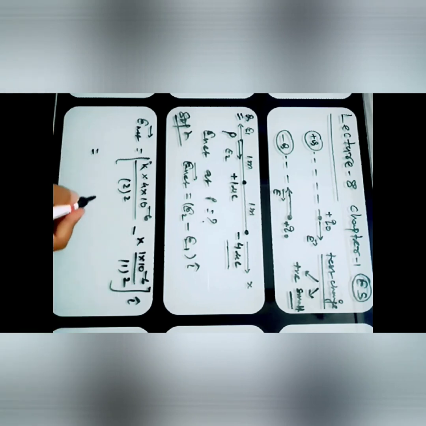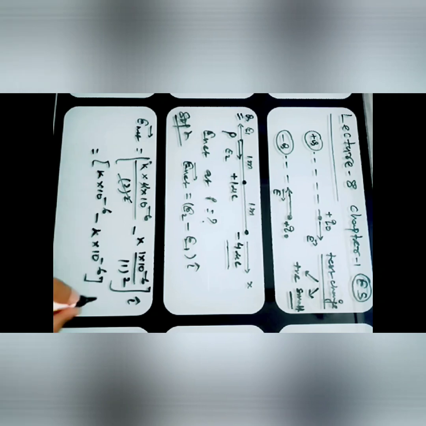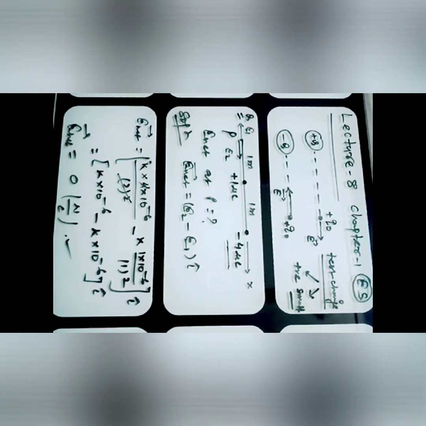Now you can solve this question. The 2 squared, that is 4, will cancel out. K times 10 power minus 6 minus K times 10 to the power minus 6, i cap, which is 0 Newton per coulomb. This is the net electric field at point P.